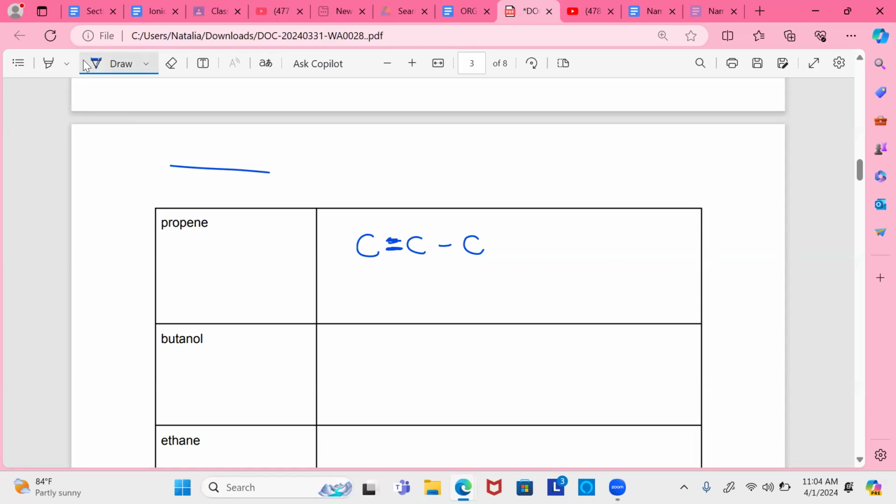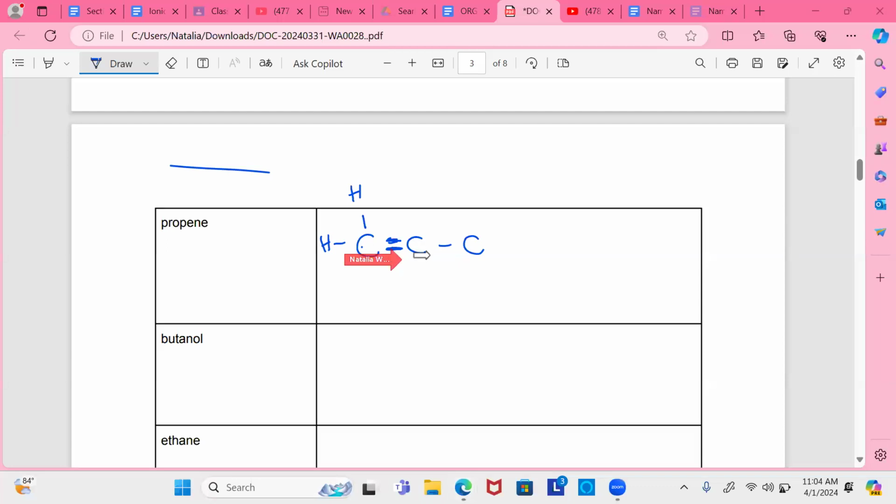Clear? So I'm going to make sure each carbon is bonded 4 times. So this carbon here is bonded 1, 2 times. Clear? So how many times must the carbon be bonded? 4 times. So this carbon needs 2 H's. Clear? Yes, miss.